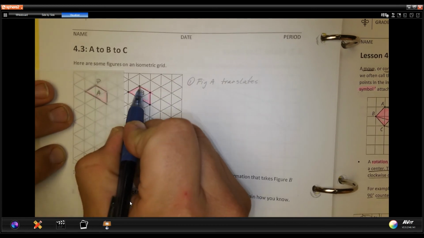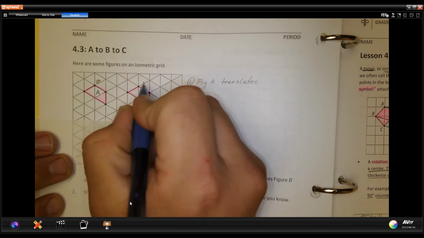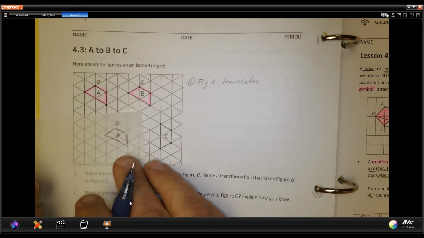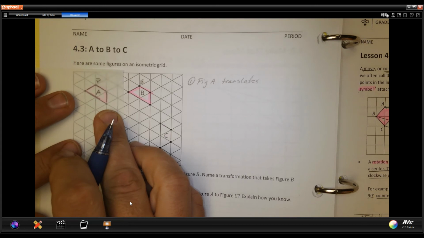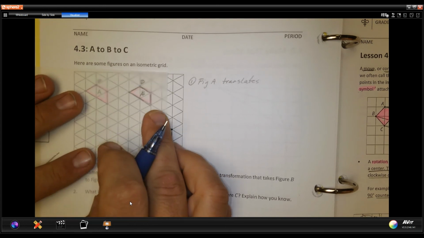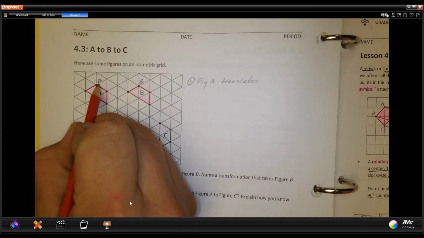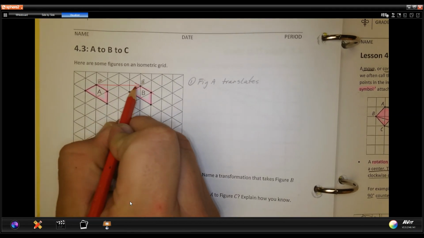The corresponding point right here, let's call that one point E. And now we have enough information to be able to translate figure A to figure B. We will say that by using a vector or a directed segment from point D to point E.